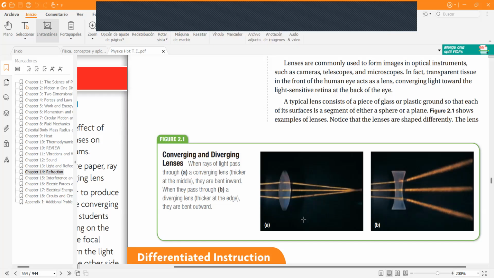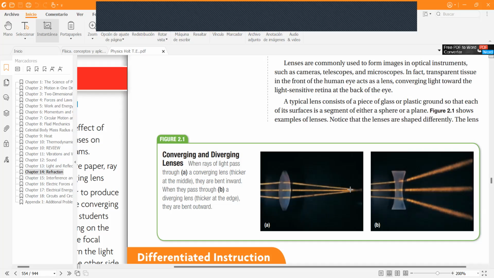Take a look at the shape of each lens. When light rays pass through a convergent lens, which is projected here in part A, what is the shape? It looks like an almond, thicker in the middle. These light rays, which you can see over here as 1, 2, and 3, are bent inward, and at a certain point you can see that they converge.